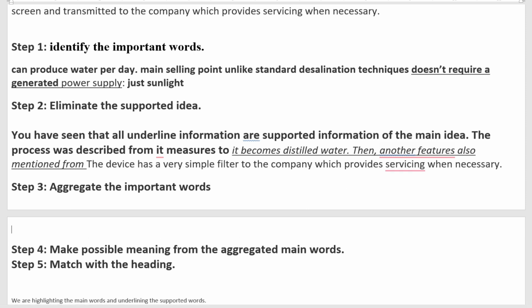Step 3. Aggregate the important words. If we aggregate the main words, it stands: desalinator can produce water per day. Main selling point: just sunlight. Unlike standard desalination techniques, it doesn't require a generated power supply.